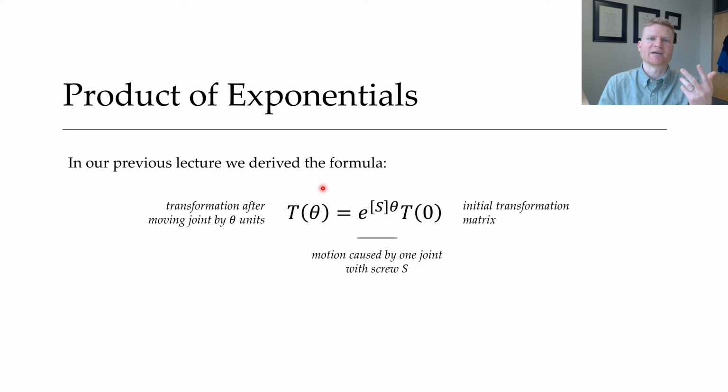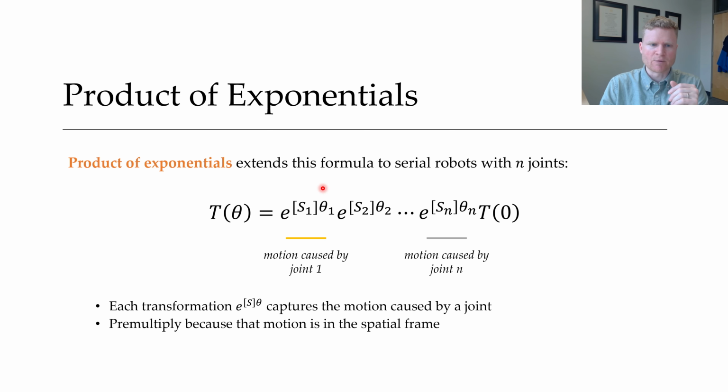But how am I going to scale this up when my robot has n different joints and it can move any of those different joints in this overall kinematic chain? It's actually really straightforward, and we can build it into something called the product of exponentials formula. So this is going to apply to serial robots with n joints. I want to start off with the middle of this formula. This is what we've added.